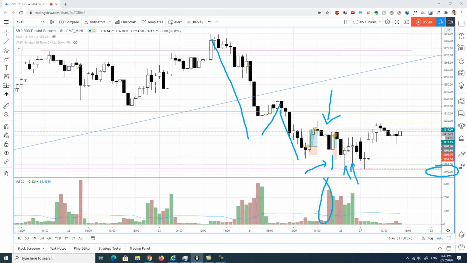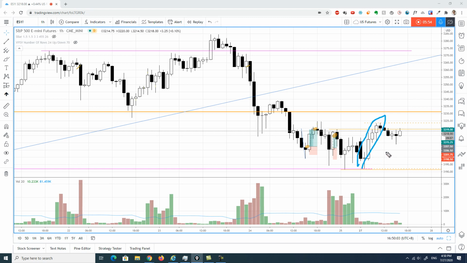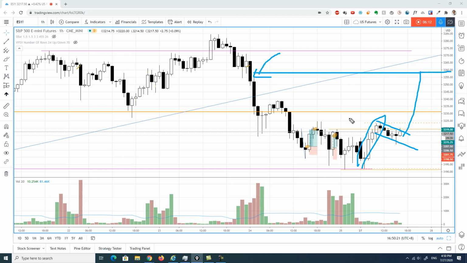So what I would like to see from here on is definitely some kind of good rally up, which we have seen during the Asian session. And then this is a very shallow, weak reaction. So I think we have a higher chance to go up and to test this selling bar here somewhere around 3260.